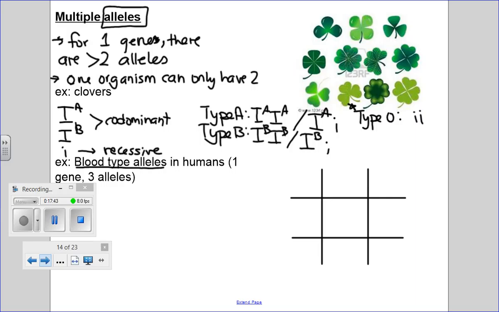And that's the only way that you get it. And to get type AB, which is incredibly rare compared to the others, you have to have 1 copy of the A allele and 1 copy of the B allele. Now, does anyone want to ask any questions about blood type in general before we do a practice cross?